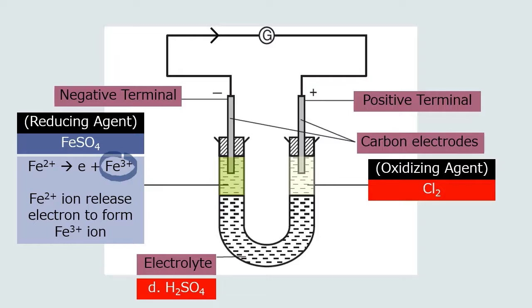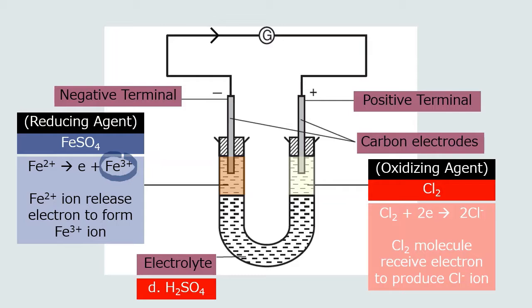When the electrons transfer to the chlorine molecule or chlorine water, it will receive the electrons and produce chloride ions.